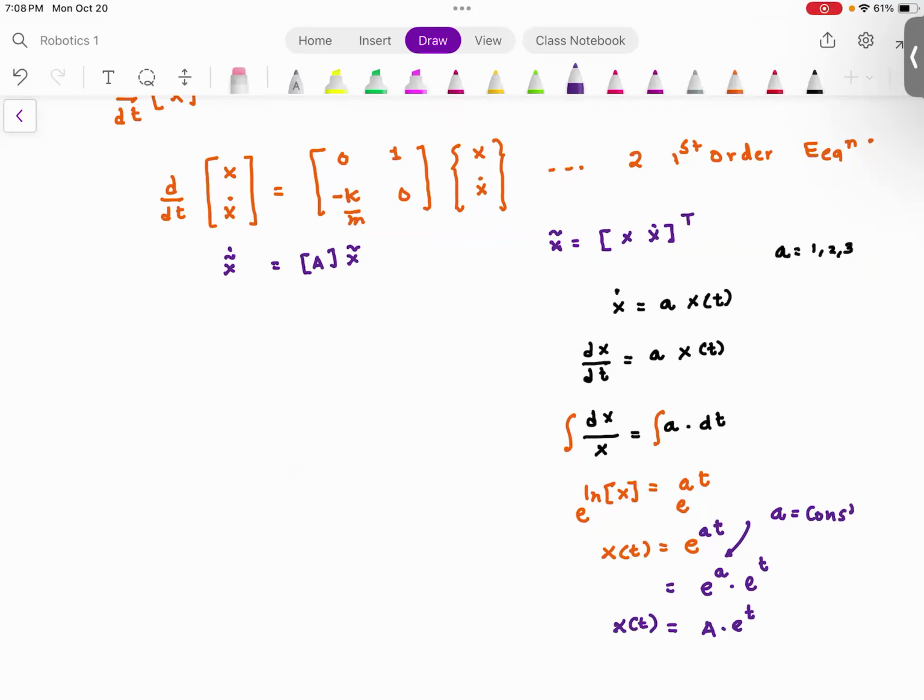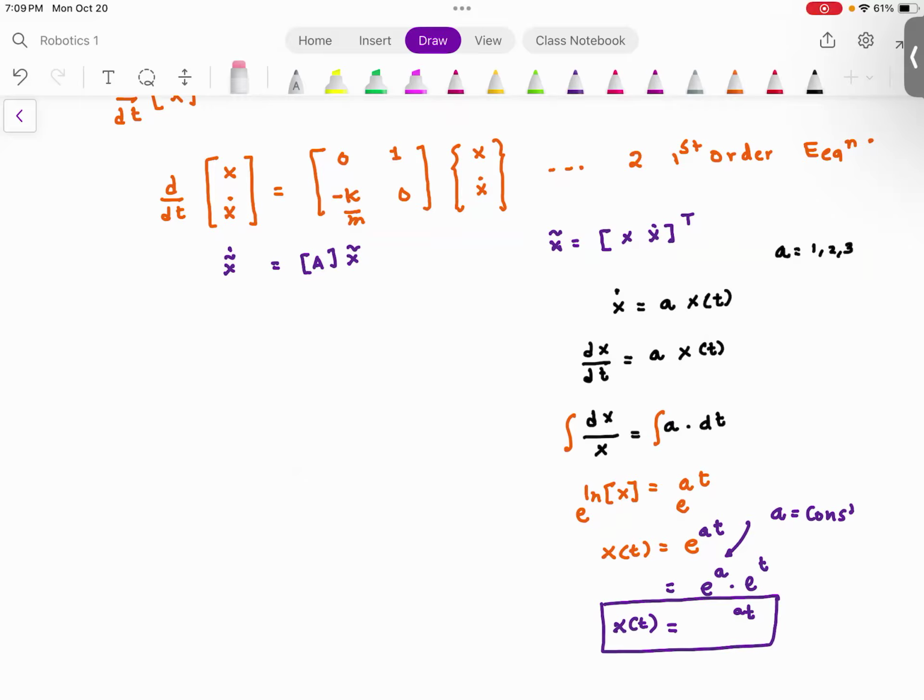So this equation is the solution of the differential equation.